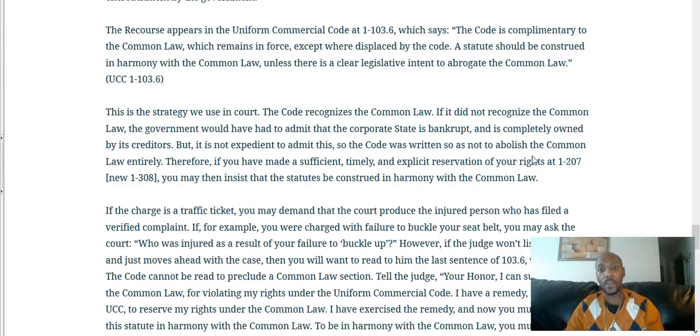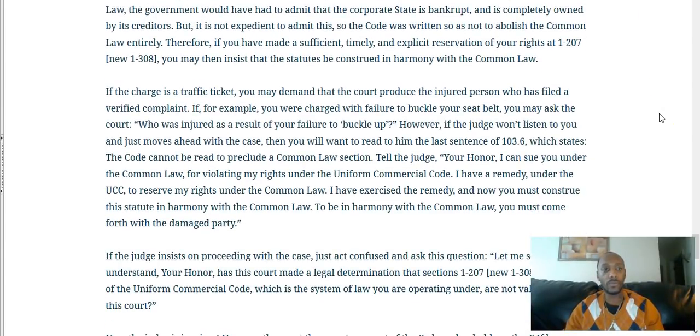So the code was written so as not to abolish the common law entirely. Therefore, if you have made a sufficient, timely, and explicit reservation of your rights at 1-207, which is also 1-308, you may then insist that the statutes be construed in harmony with the common law.